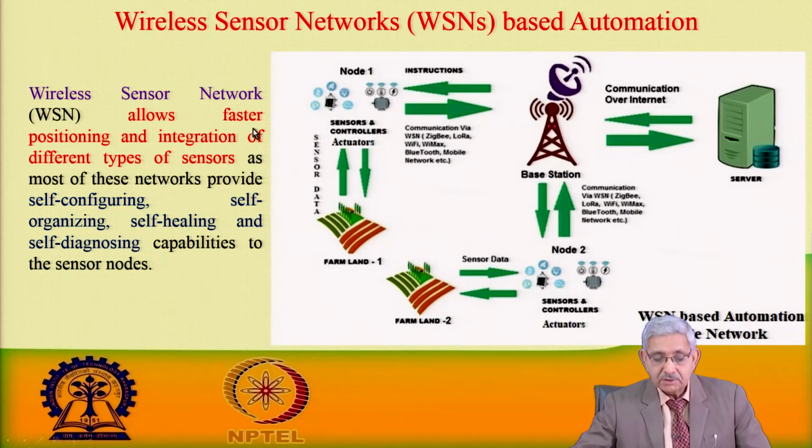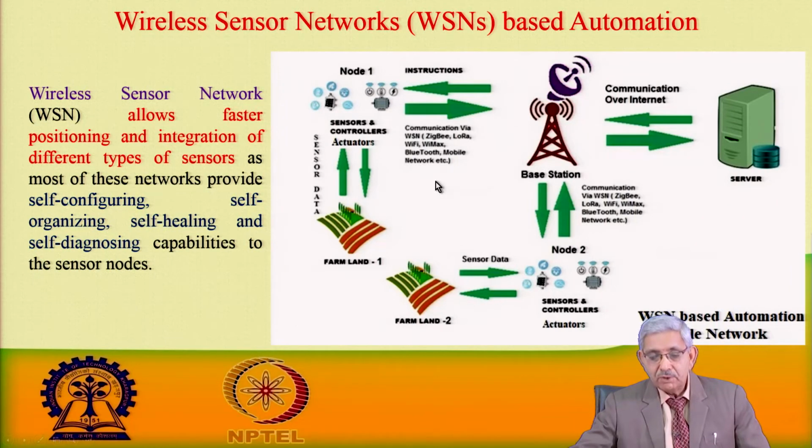A wireless sensor network allows faster positioning and integration of different types of sensors, as most of these networks provide self-configuration, self-organizing, self-healing and self-diagnosing capabilities to sensor nodes.